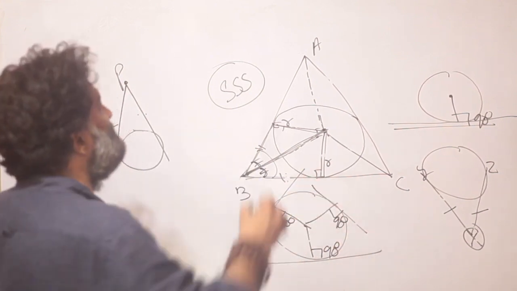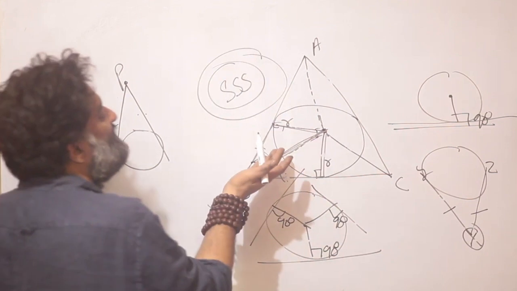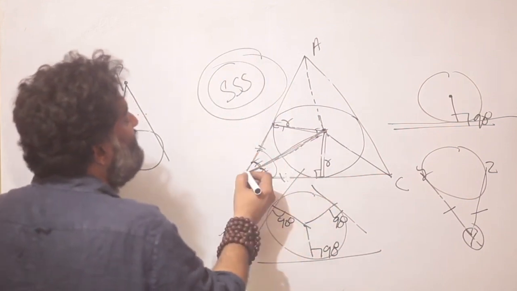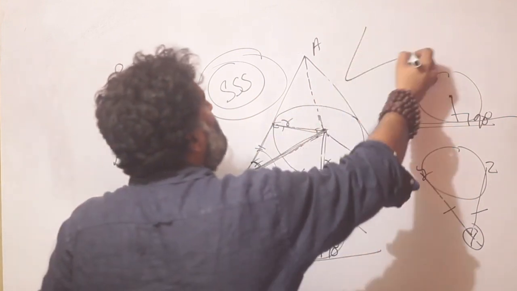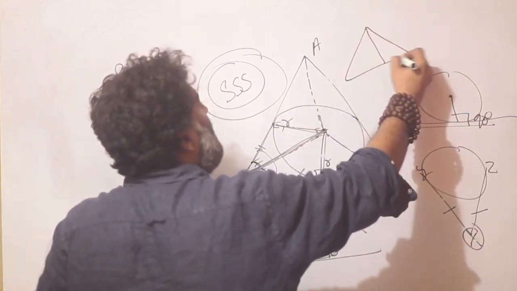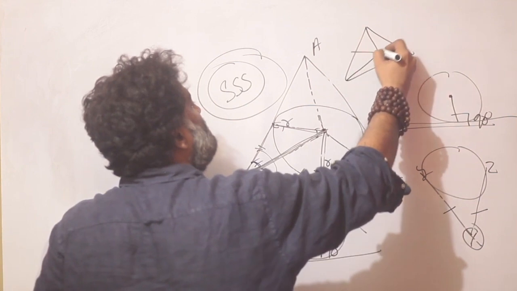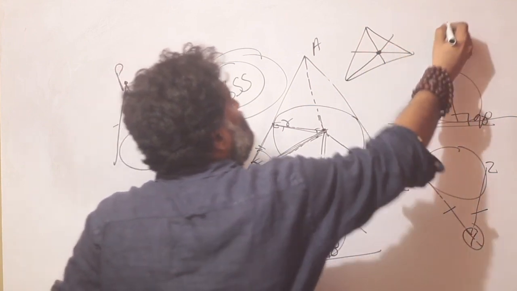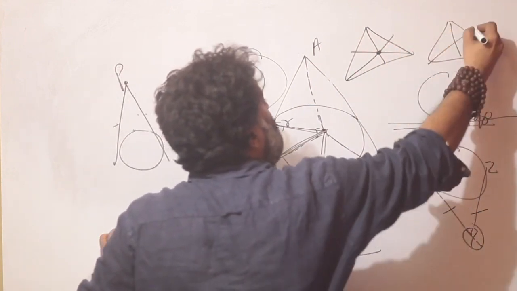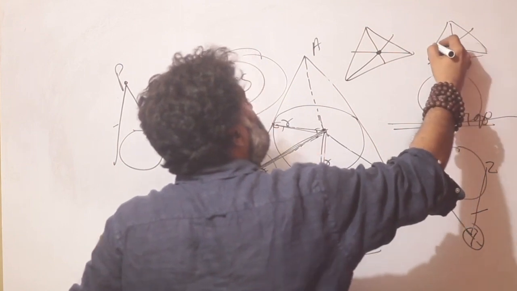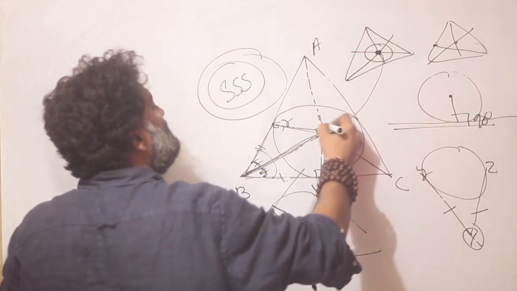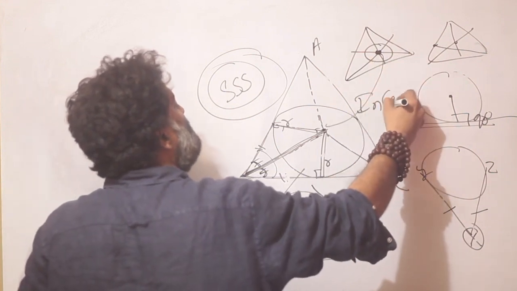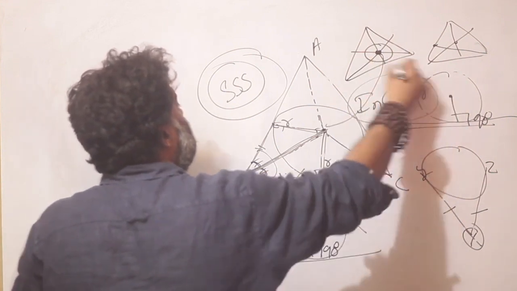Using these properties and the SSS congruence, I proved this triangle equal to this triangle, and therefore BI is also the bisector. Therefore, all three angle bisectors meet at the same point. It's not like two of them meet at one point and the third one crosses somewhere else. All of them pass through the same point, and this point is known as the incenter.